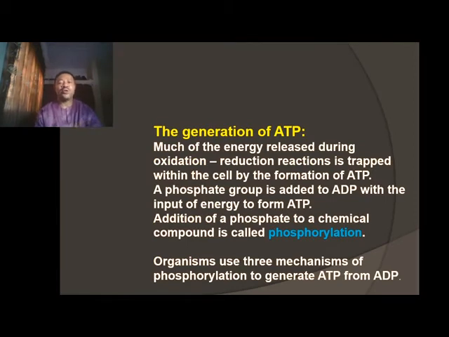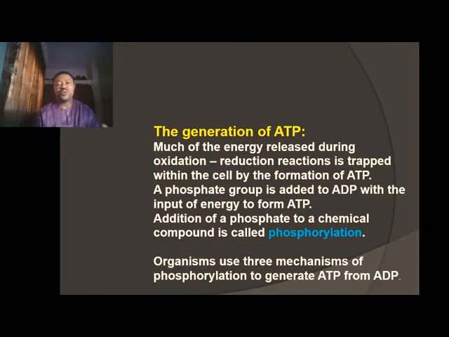Now, the second concept is the generation of ATP itself. Much of the energy that is released during oxidation reduction reactions is trapped within the cell by the formation of ATP. How does this happen?